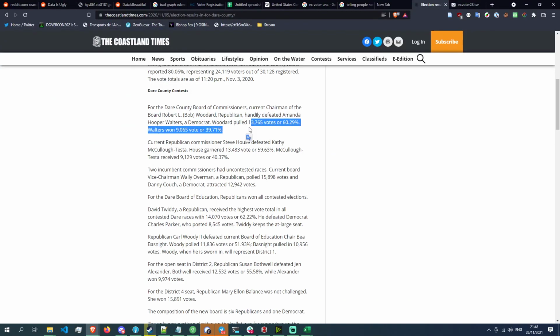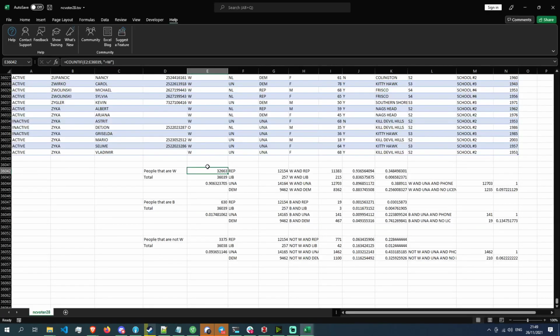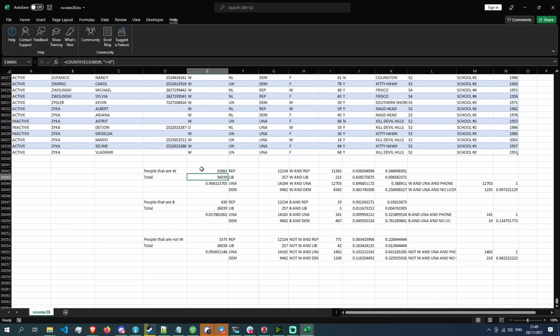Out of the 22,000 people that voted, almost 23,000, which is, let's say, two-thirds of the entire population, which is good, 60% of them voted for the Republican.